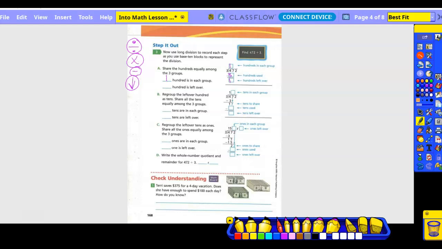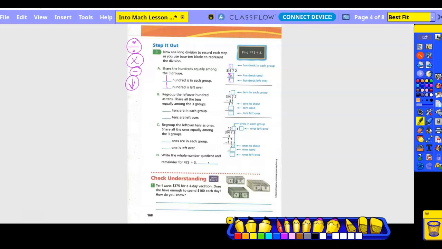So how much was left over? 1. Okay. Then they were nice enough in our next step and brought down our 7 for us. Okay. Why is it important to have that arrow there? Does it hold its spot? Does it help you keep your place values in order? Yes. Okay.